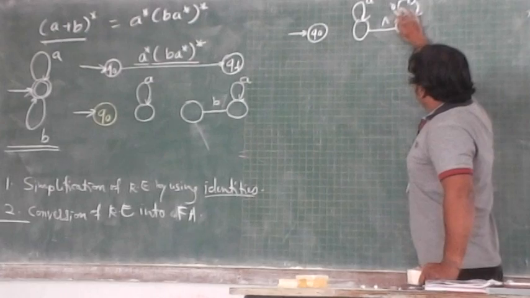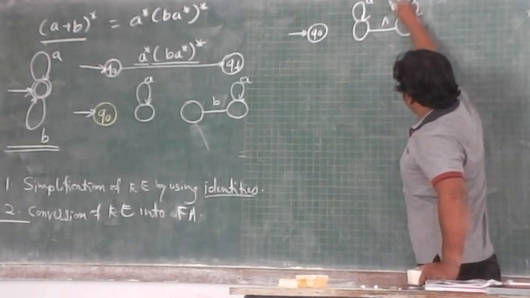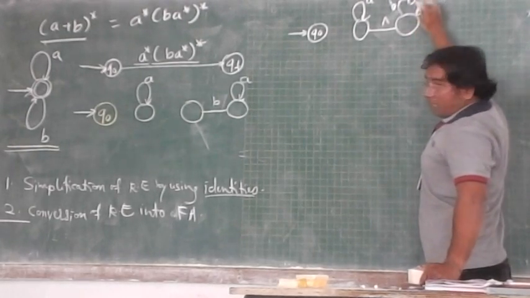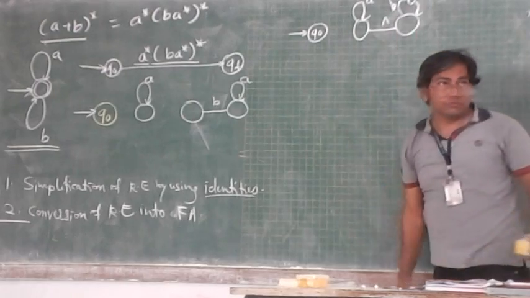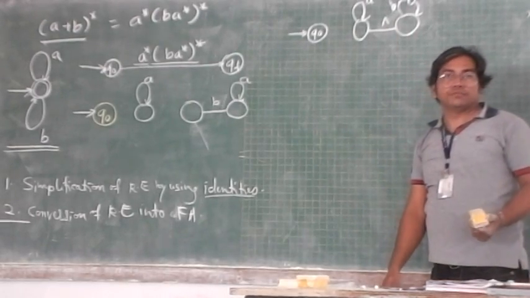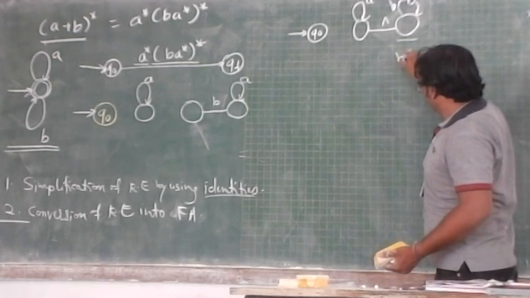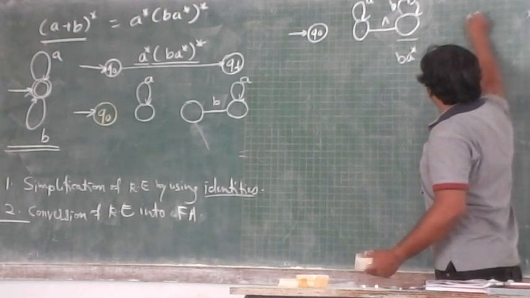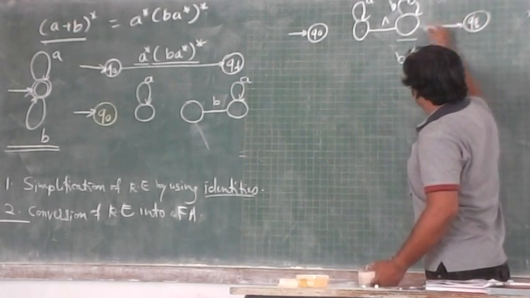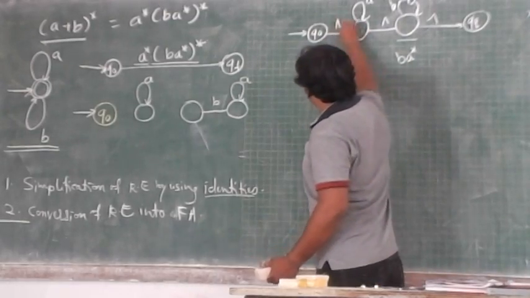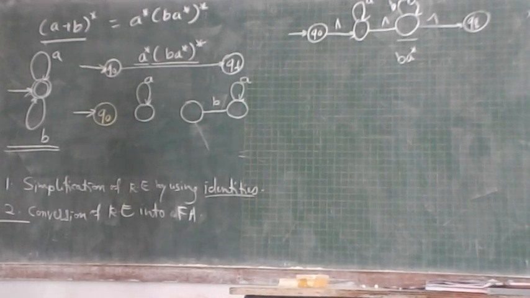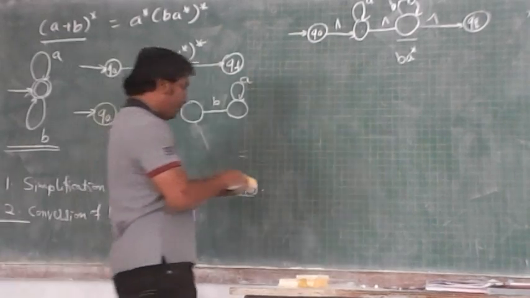So what I am drawing from this particular state, this is B. With B I am going to this state. Here I am doing star, and this whole arrangement makes the loops. Okay. So this is equivalent to B A star, and this is star. So I have the QF state here. I need to just connect it by null. And here one more null is there.